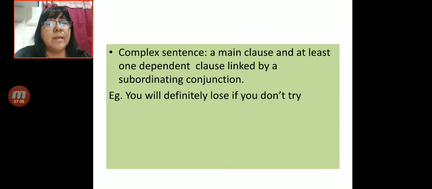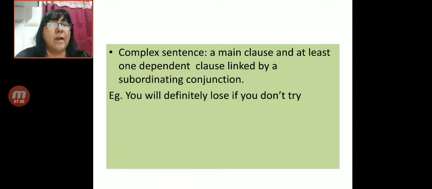A complex sentence is made up of a main clause and at least one dependent clause linked by a subordinating conjunction. For instance, you will definitely lose if you don't try.